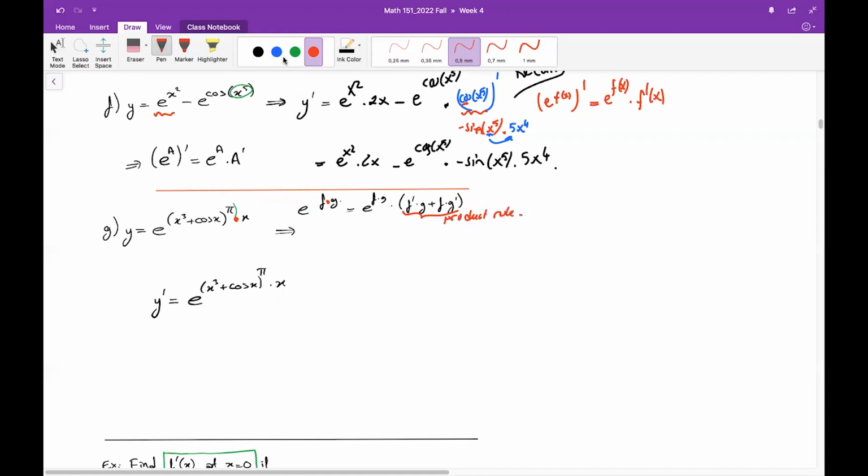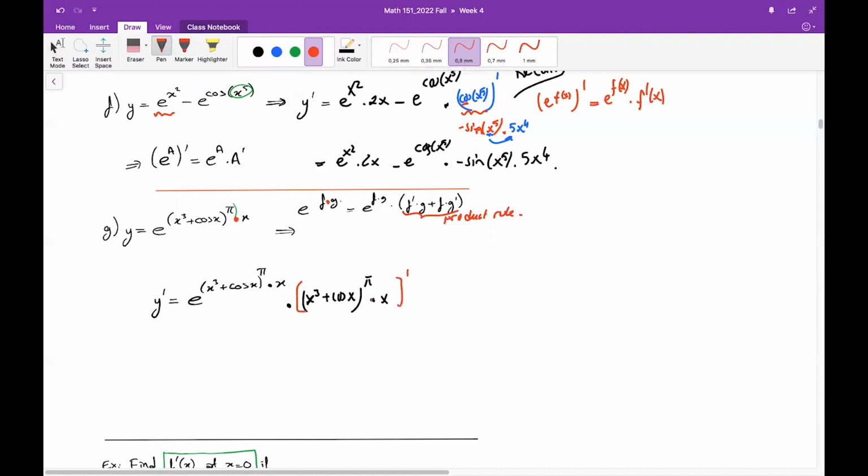Okay, so let's start. y prime is itself, right? I never change anything here. Itself times the derivative of the power; whatever you see at the power, you will multiply with the derivative of it. So e to the power x cubed plus cosine x to the power 5 times x, times the derivative.